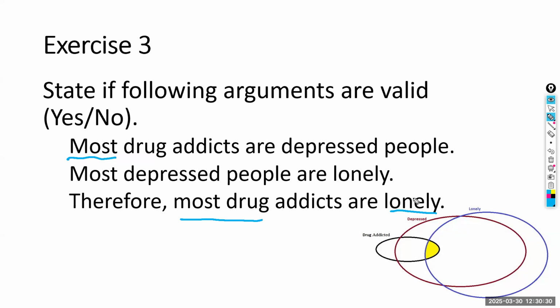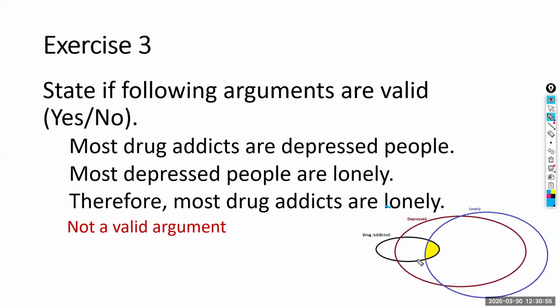Because it says most drug addicts are depressed, most depressed are lonely. So therefore, you may feel like most drug addicts are lonely. But this is not very certain. So look at this Venn diagram.